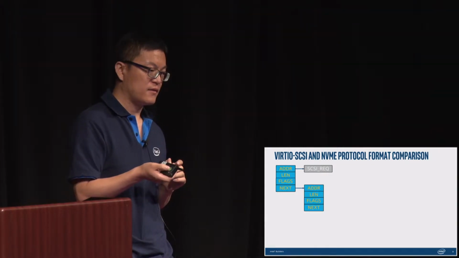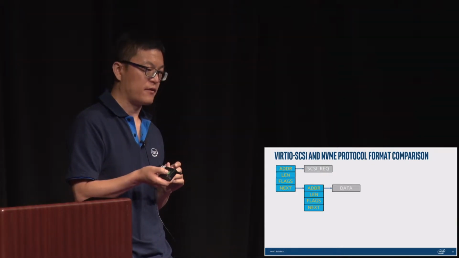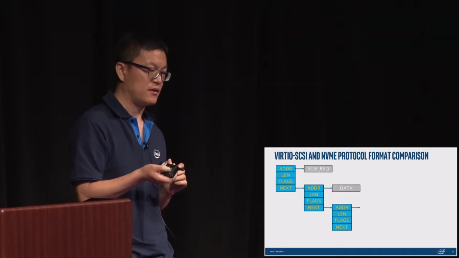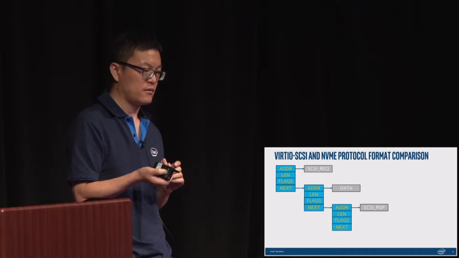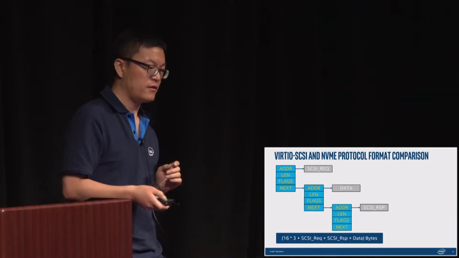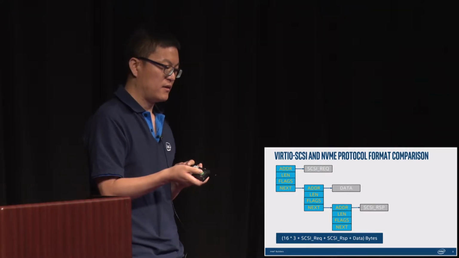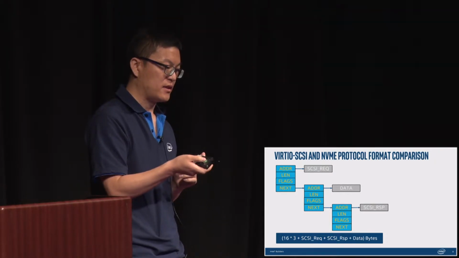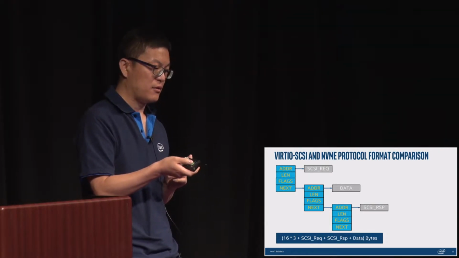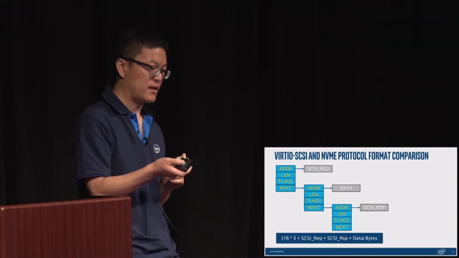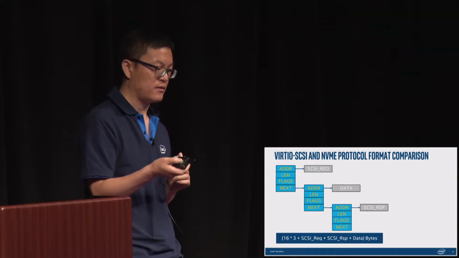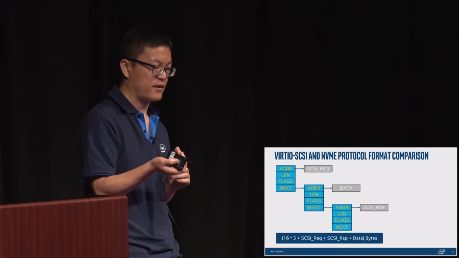The next descriptor points to the data buffer. And the third one points to the SCSI response. So for this request, it occupies 16 bytes for each descriptor, and we have 3 descriptors plus the SCSI request, SCSI response, and the data buffer itself.